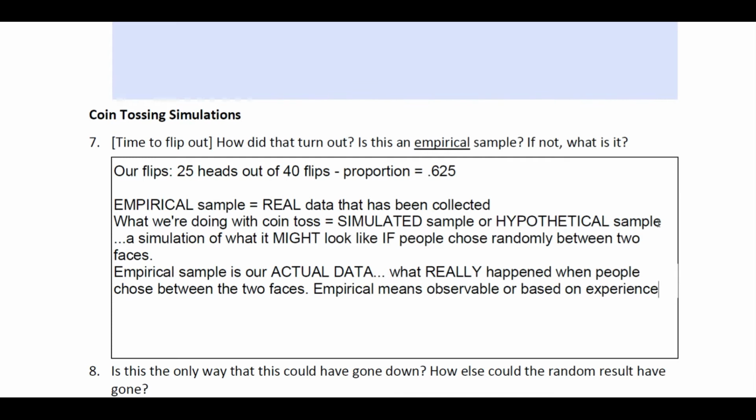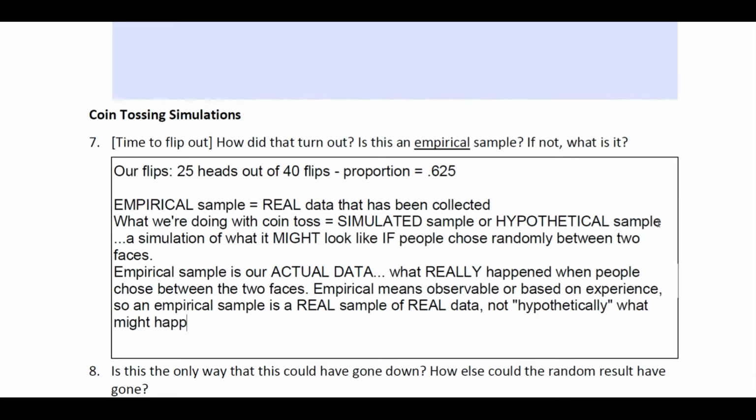They actually look at what happened, for real. And that's the empirical part. It's, okay, based on my experience, based on what we see, this is what's happening. So an empirical sample is a real sample of real data, not hypothetically what might happen, or what we see happening in a simulation, right?